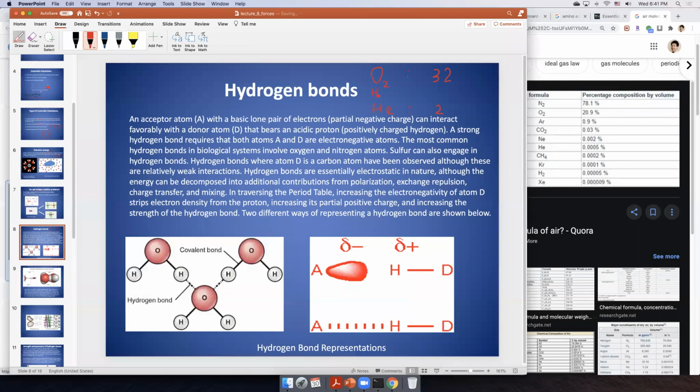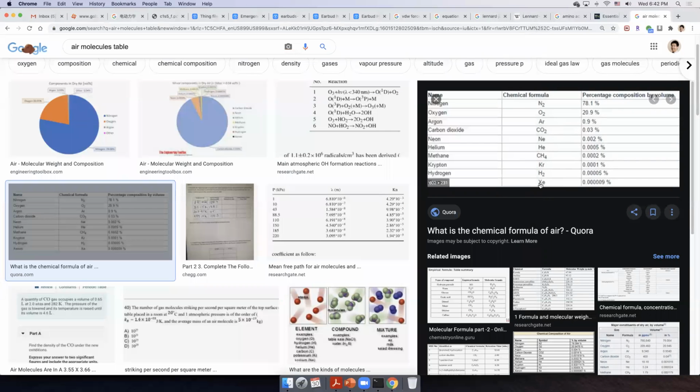Now let's see H2O. The weight of H2O is 18, so the mass is between hydrogen and oxygen. Actually, the weight is not special at all. If you put H2O into all these gas molecules, you will figure out it's not the heaviest, and it's not the lightest.